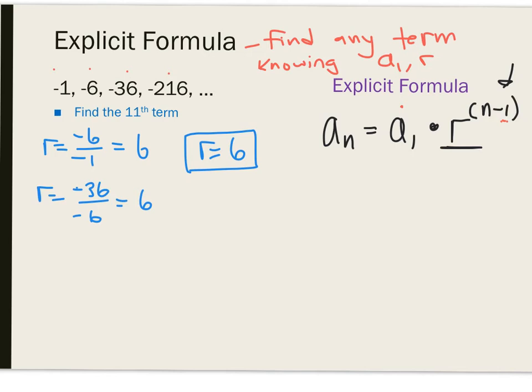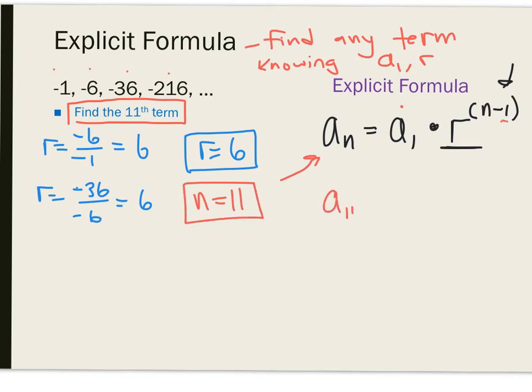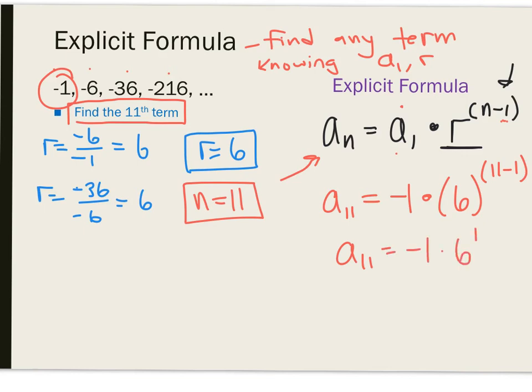Now the whole goal of this is that I'm going to find my 11th term. So the whole point is to use my explicit formula to find my 11th term. So in terms of these variables, n is going to equal 11. I want my 11th term. As I plug this information in, a sub 11 is equal to my first term, which is negative 1, times my r, which is 6, to the power of 11 minus 1, or we could simply write that as a sub 11 equals negative 1 times 6 to the power of 10.